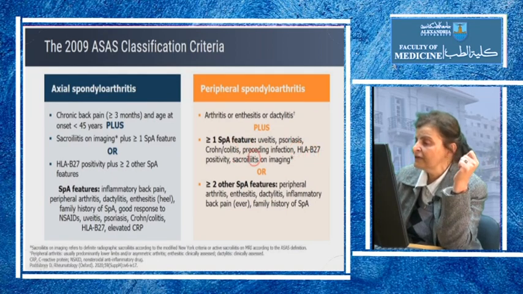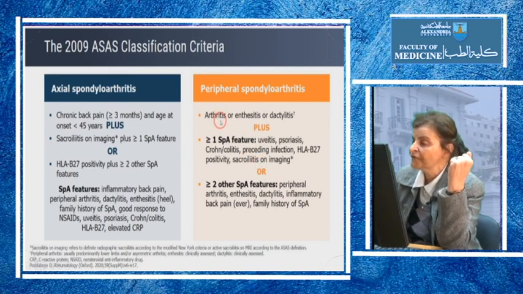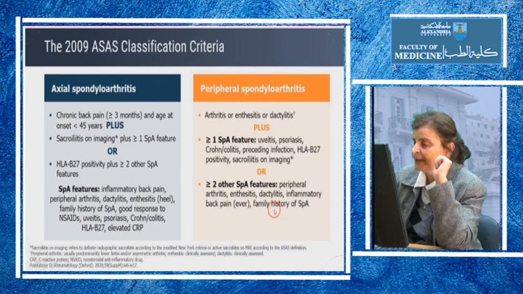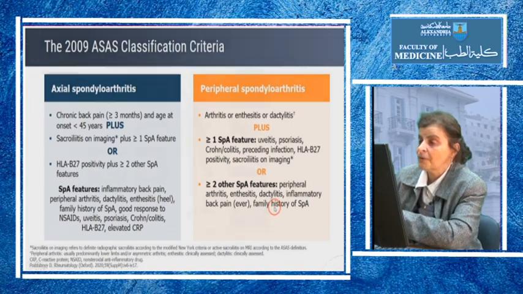And here, sacroiliitis on imaging is just one criterion put together with the peripheral manifestations, or 2 or more SpA features, in which case you will take into account peripheral arthritis, enthesitis, dactylitis, inflammatory back pain, any history of inflammatory back pain, and a family history of SpA.